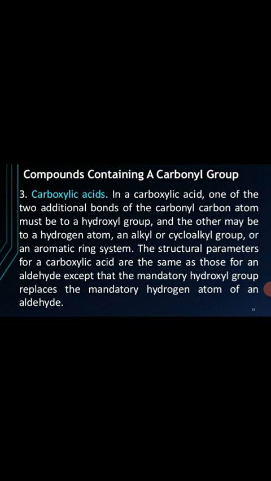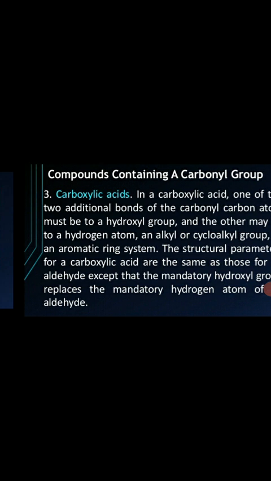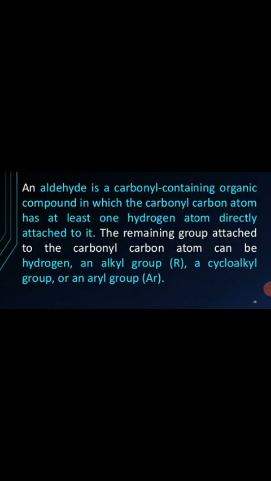The structural parameters for a carboxylic acid are the same as those for an aldehyde, except that the mandatory hydroxyl group replaces the mandatory hydrogen atom of an aldehyde. Students, other than this, the carbonyl group can also be present in the acid derivatives like acyl halides, acid anhydrides, esters and acid amides. But in our syllabus we have aldehydes, ketones and carboxylic acids.